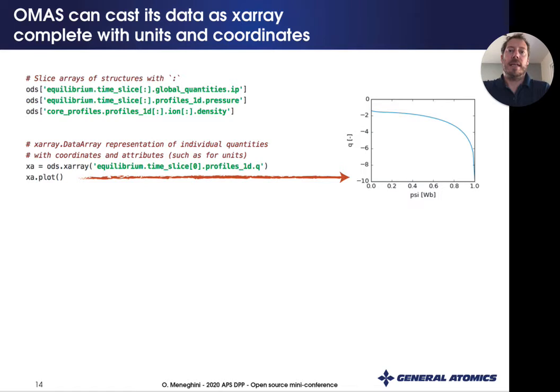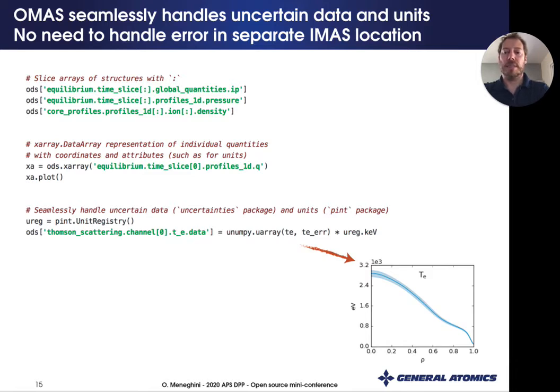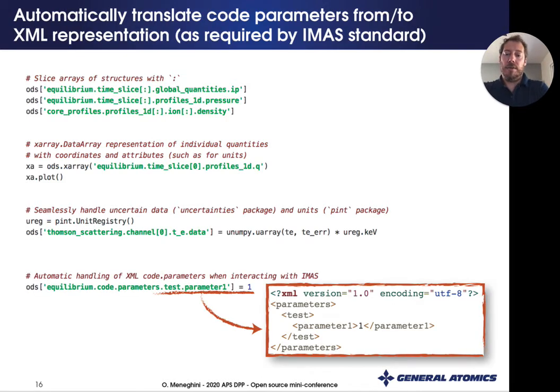OMAS can cast its data as xarrays, complete with the units and coordinates. This is very handy if you're used to using xarrays as part of your coding. And it can seamlessly handle uncertain data with the uncertainties package in Python and units with the pint package in Python. Also, OMAS can do automatic translation of code parameters from and to the XML representation as required by the IMAS standard.